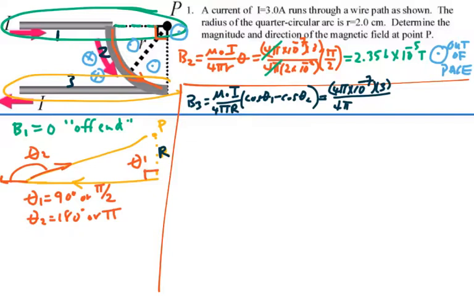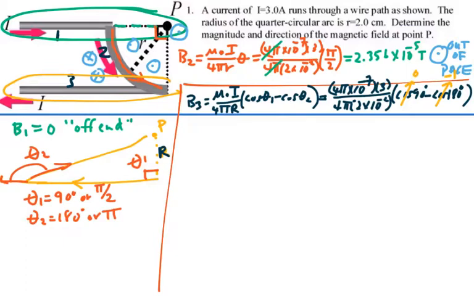R just happens to be the same offset as the radius of that curvature, so that is 2 centimeters, or 2 times 10 to the minus 2. And then we have the cosine of 90 degrees minus the cosine of 180 degrees. Cosine of 90 degrees is 0. Cosine of 180 degrees is going to be negative 1.